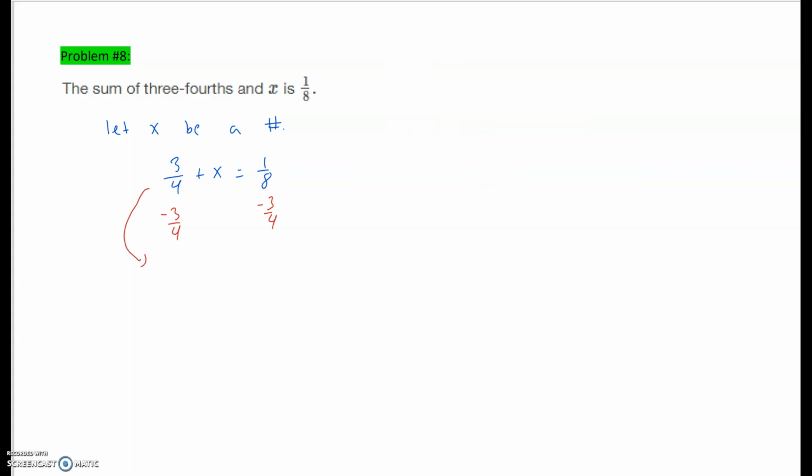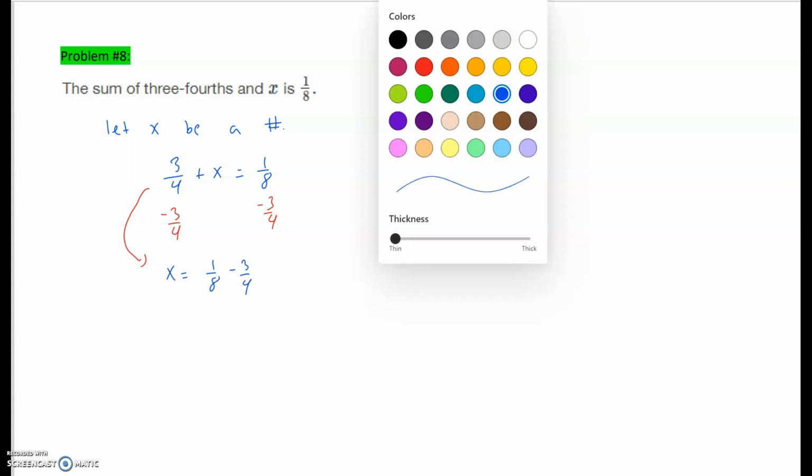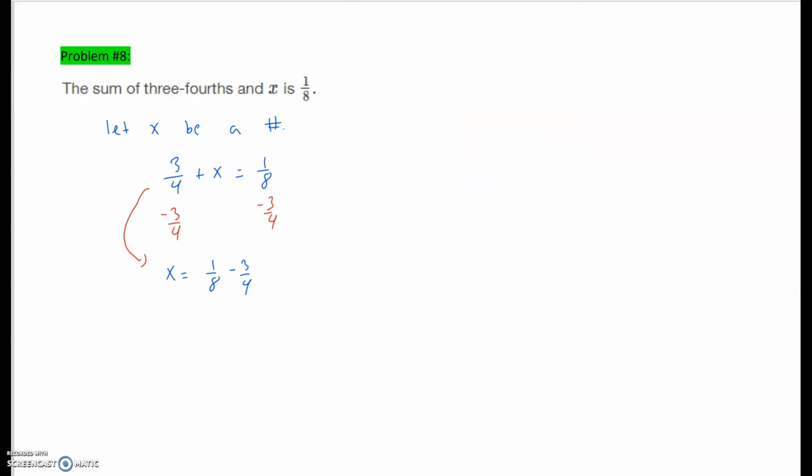So we're going to be left with x is equal to 1/8 minus 3/4, which at this point we're going to be multiplying times 2 and times 2. So this will give us 1/8 minus 6/8, or -5/8. And let me just rewrite it.